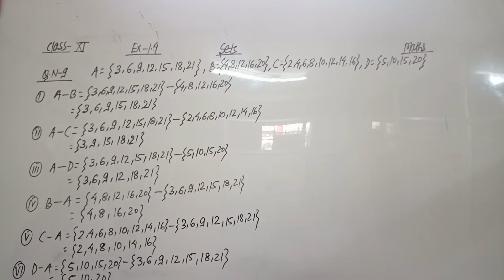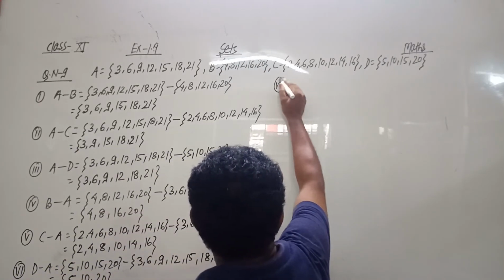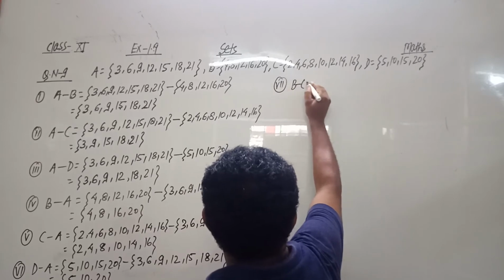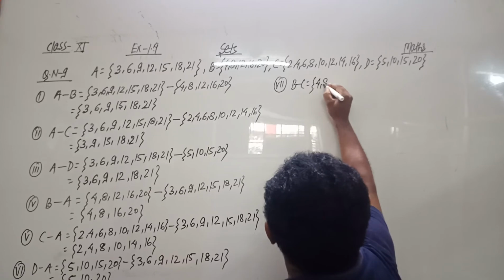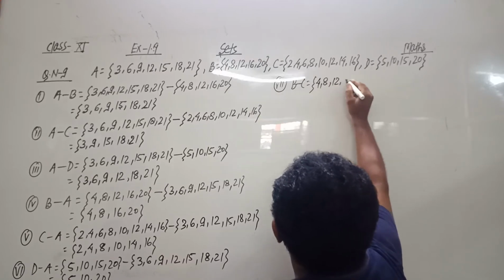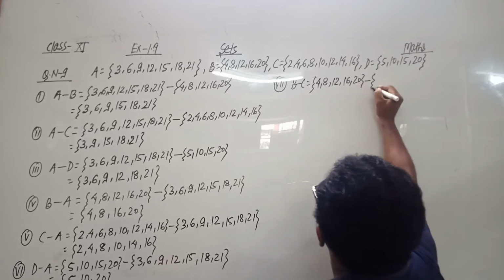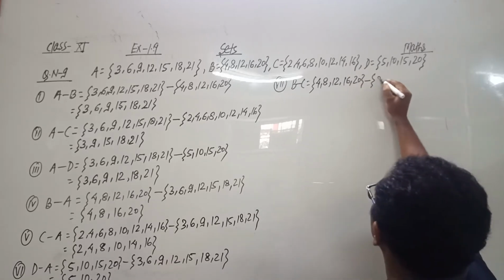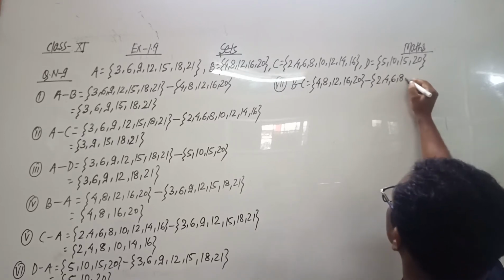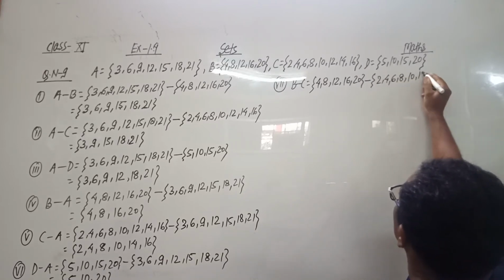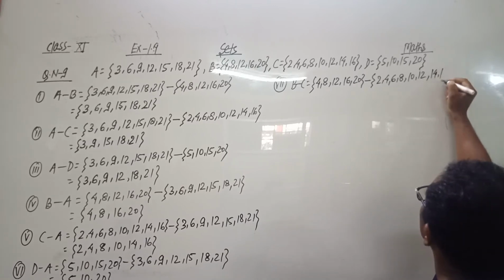Then part 7. This is B minus C. Elements of set B: 4, 8, 12, 16, 20, minus elements of set C: 2, 4, 6, 8, 10, 12, 14 and 16.